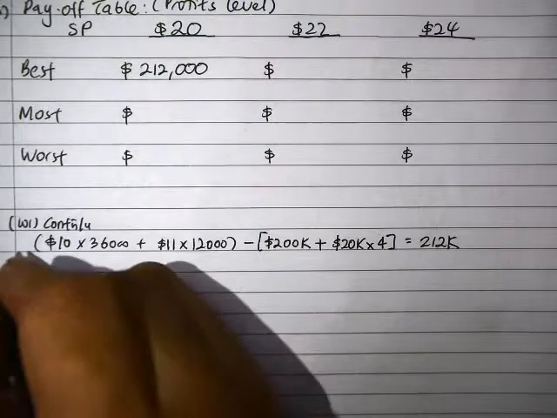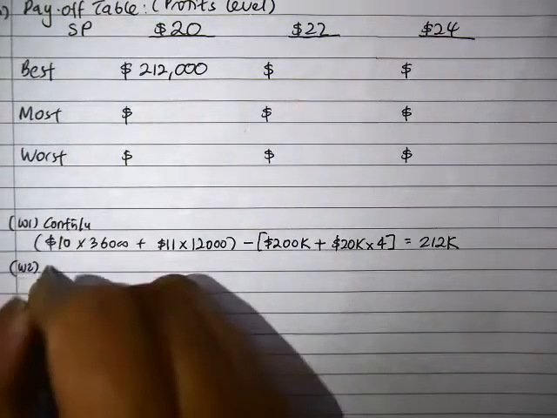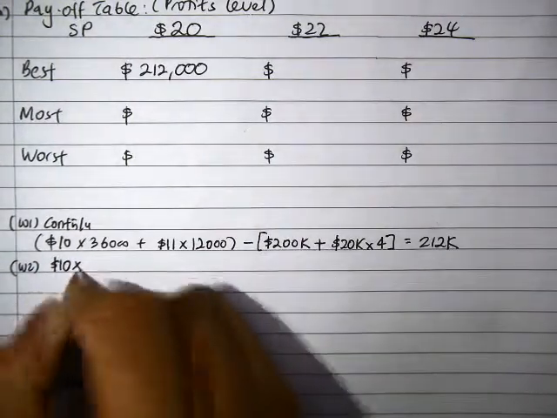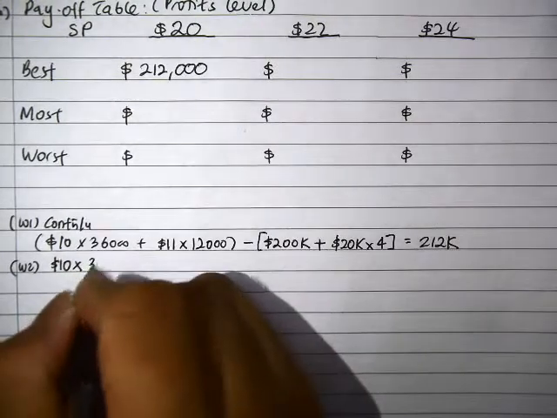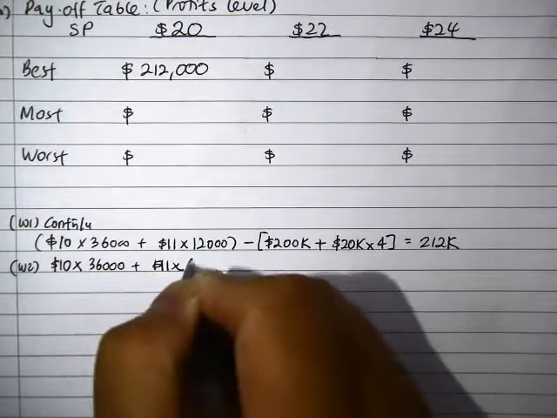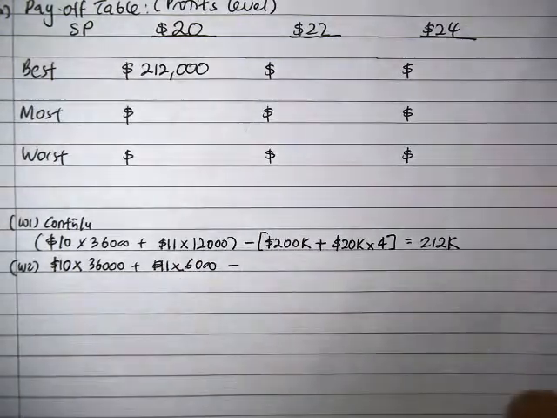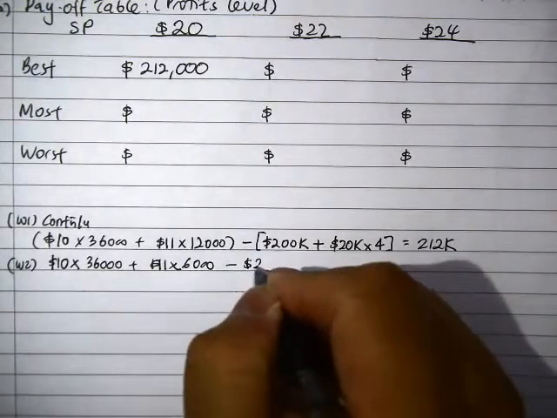Okay, now $36 plus 11 times 6 minus 220.